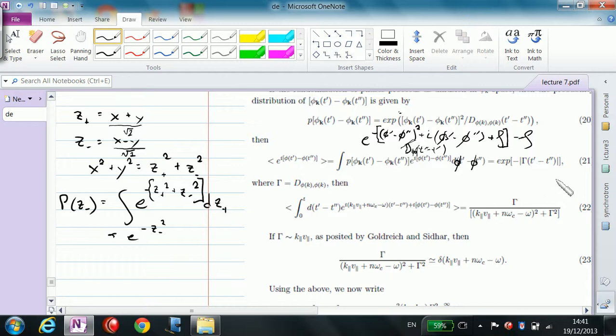In other words, when this quantity is large, when t prime minus t double prime is much greater than 1 over d, where 1 over d is the correlation time. Gamma is the decorrelation rate, and therefore 1 over d is the decorrelation time.